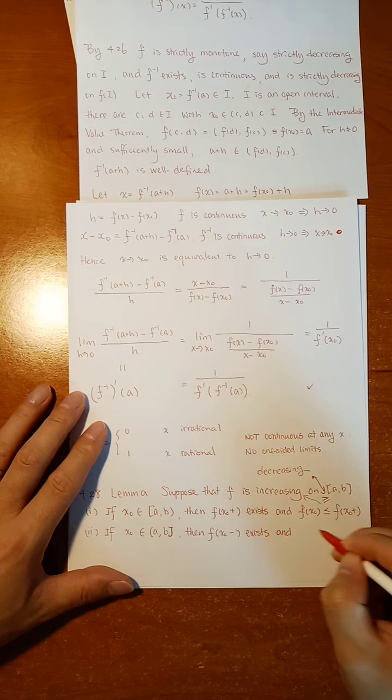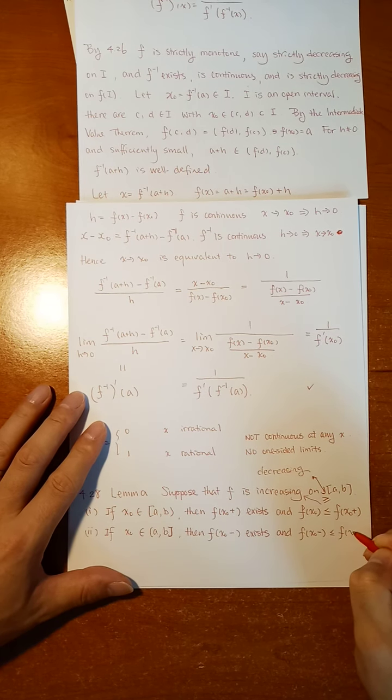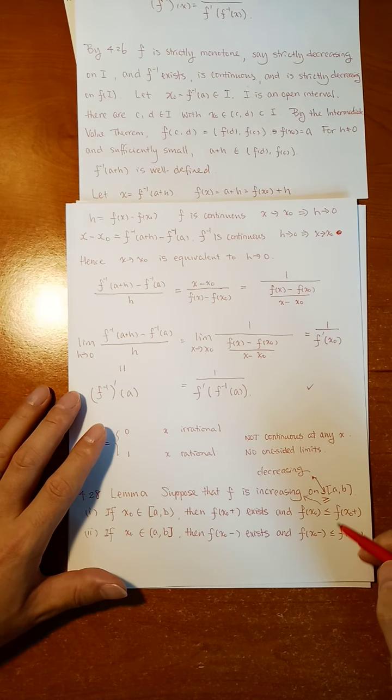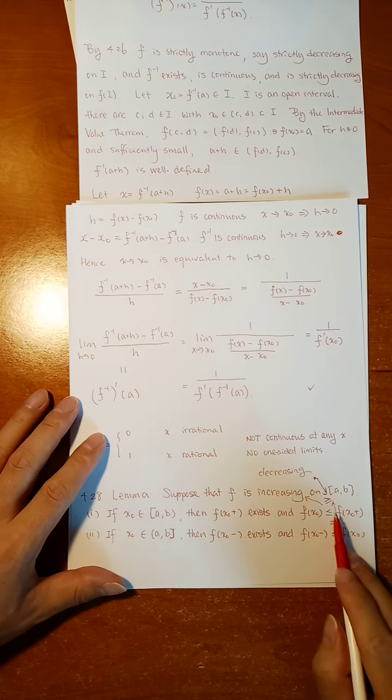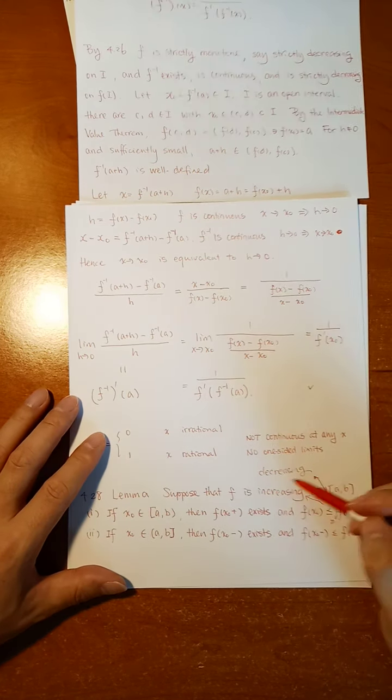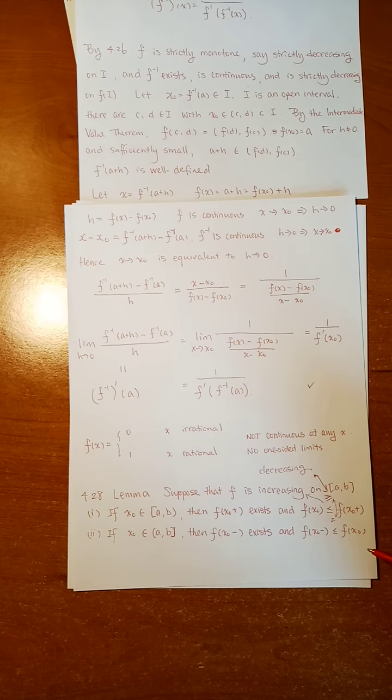And f(x0-) is less than or equal to f(x0). The same thing: if it's decreasing, you change it to greater than or equal to. Increasing is always less than; decreasing will be greater than.